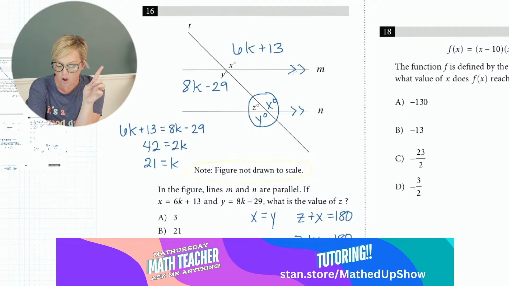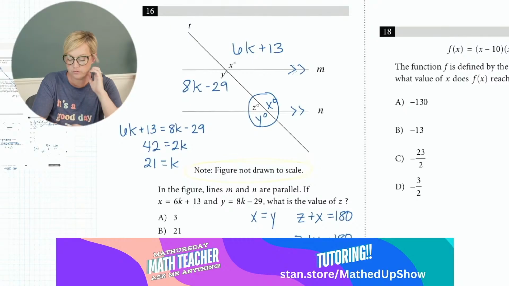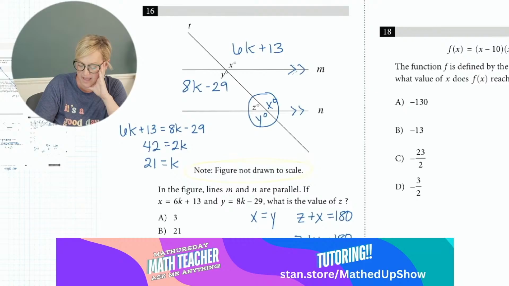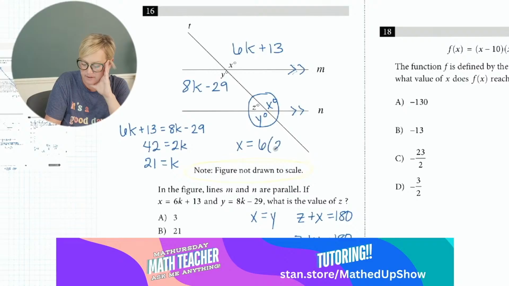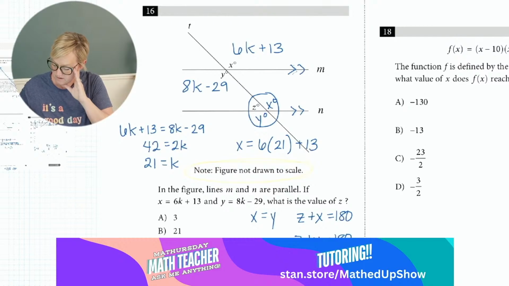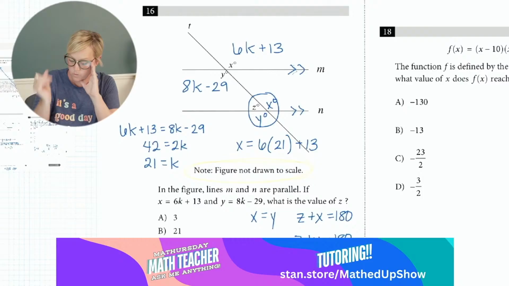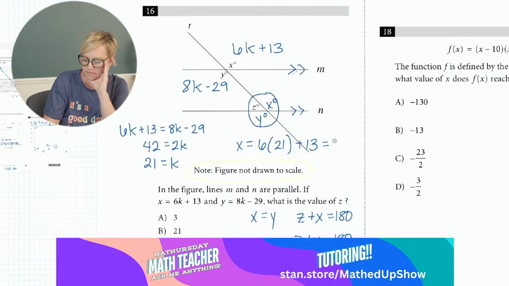Now 21 is k, but I don't know if z is k. What I do know is that if k is 21, then x is going to be 6 times 21 plus 13, which is 139.